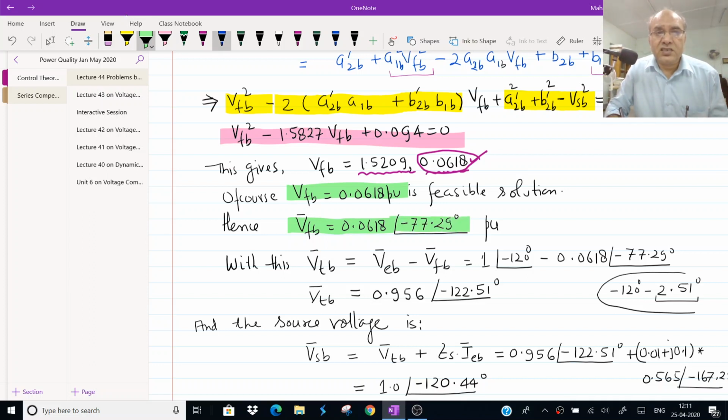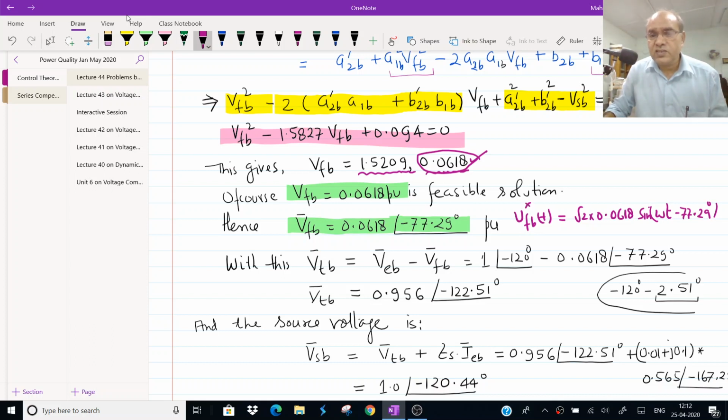And if we construct this in time domain, it becomes VFB as a function of time equal to root 2 into 0.0618 sine omega t minus 77.29 degree.